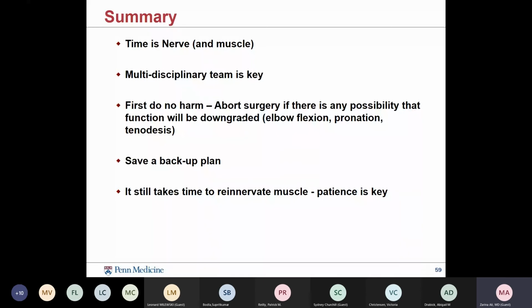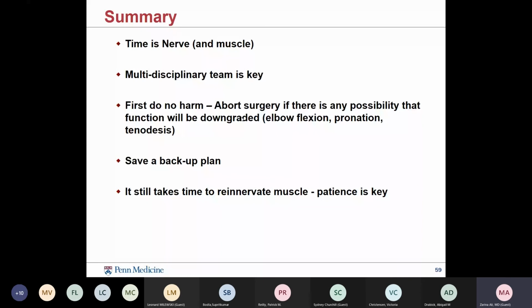And then we always want to think about a backup plan. So, as I mentioned, these nerve reconstructive procedures take time. And we want to think about, okay, well, if the patient doesn't get back elbow flexion, do I have another option? This is an example where I can think about a gracilis free muscle transfer for this patient.